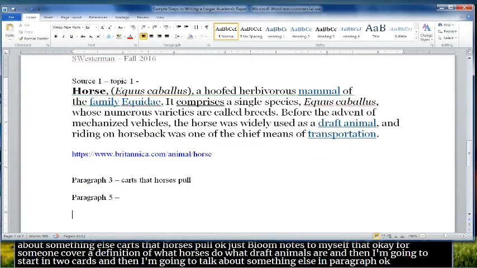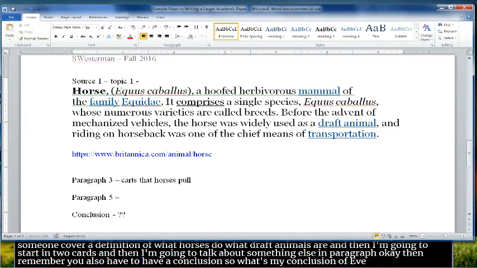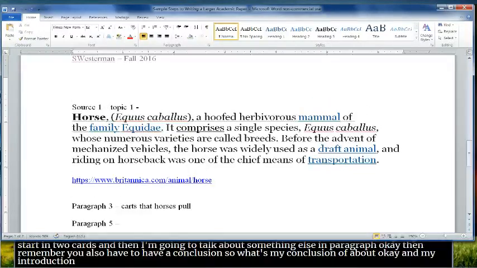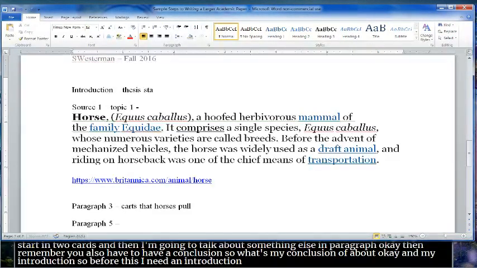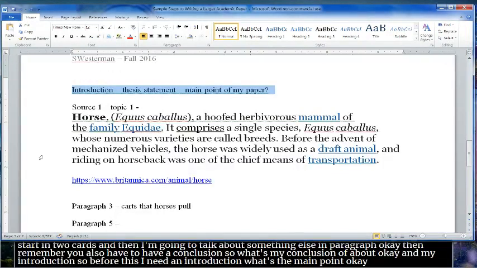So what's my conclusion going to be about? And my introduction. So before this, I need an introduction, thesis statement. What's the main point? Okay, so I've got my first paragraph.